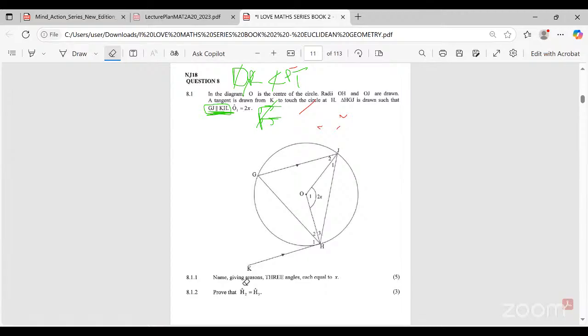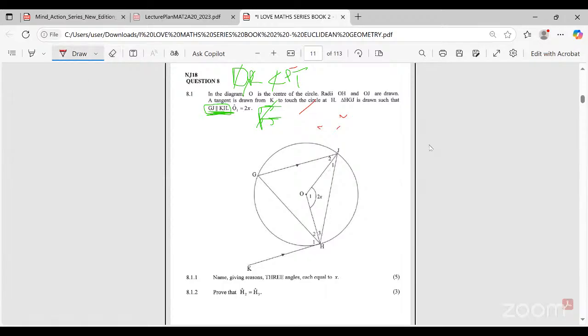Name, giving reasons, three angles that are equal to x. Which one do you think is equal to x here? J1 is equal to x. J1, yes, sir. Okay, you are saying, I don't know why, but I will hear from you. Why?